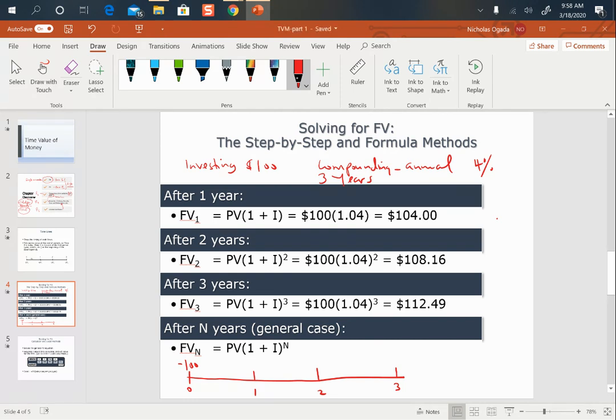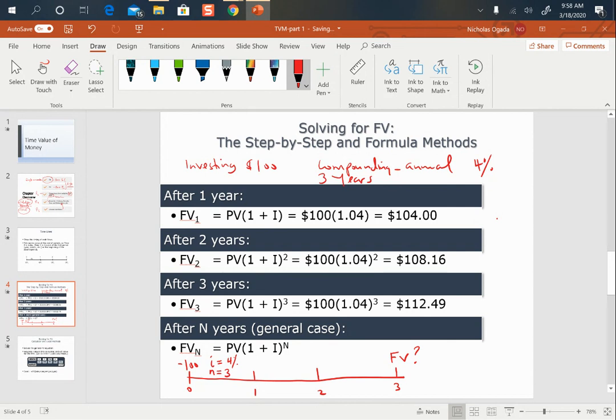So you invest $100, where in this case N is 3 years, and our rate is 4% per year. Again, this is compounded on a yearly basis. So the question will be, what will be the future value? That is, how much are you going to have at the end of the third year, because this is an investment for 3 years.